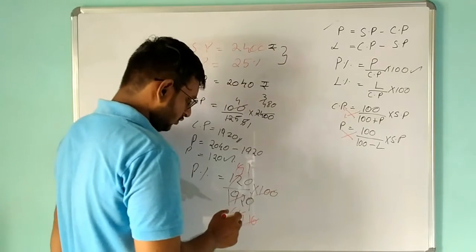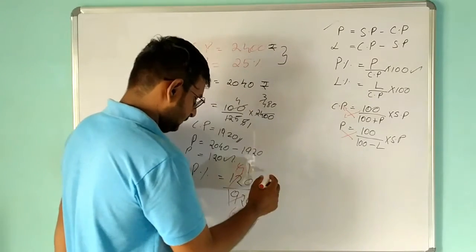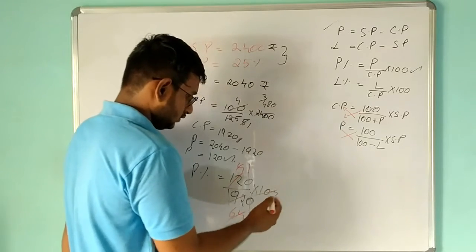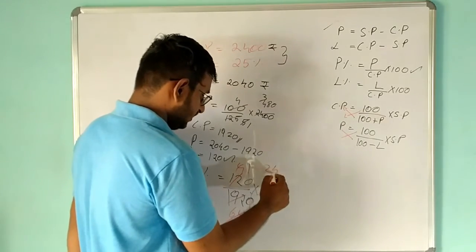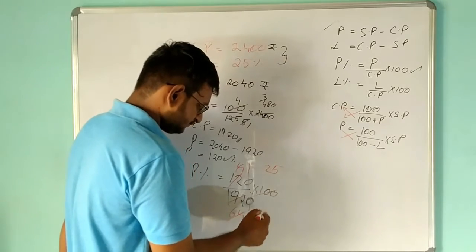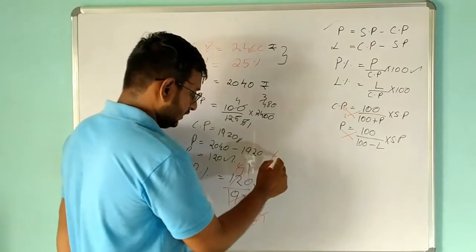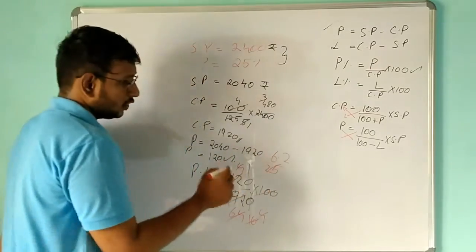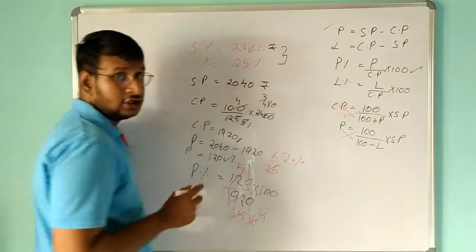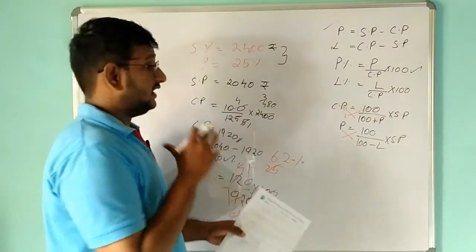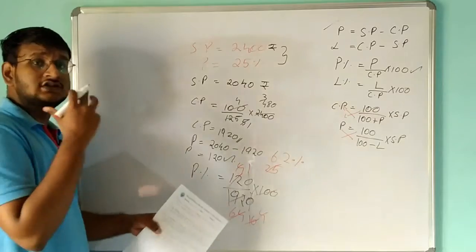So we will have 16, okay. I can cancel it by 4 table, 4 25s are 100. So 4 4s are 16, 4 1s are 4, so 4 6s are 24, 6.2. So we will have around 6.2 percent. So the profit percentage is 6.2. He gained a profit of 6.2 percent.